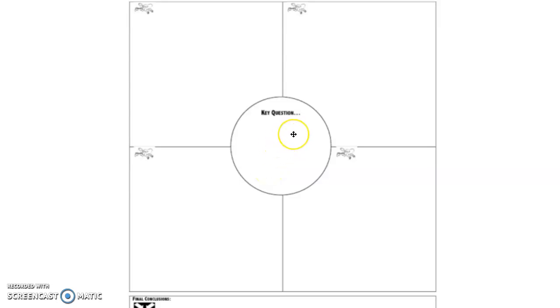And then you're going to think about how people responded to that particular event. And so you'll have the characters' names here, and then thinking about how they responded to that event. So this is just, again, one of those note-taking tasks or strategies that you can do. And again, you can do this in any class.